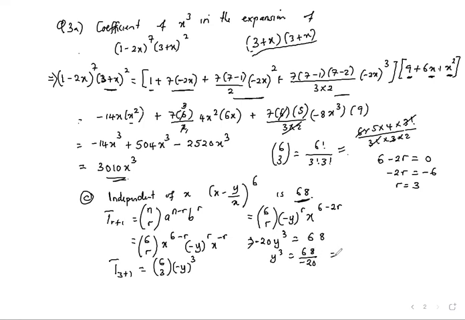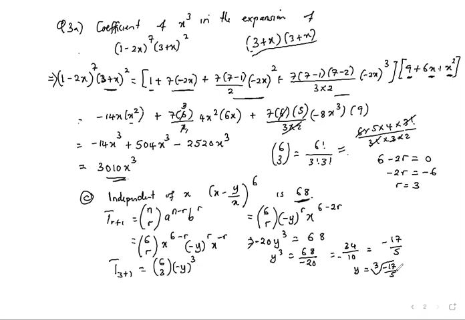That is the 4 there over 10, minus again, and that is minus 17 over 5. So it means that y is equal to the cube root of minus 17 over 5.